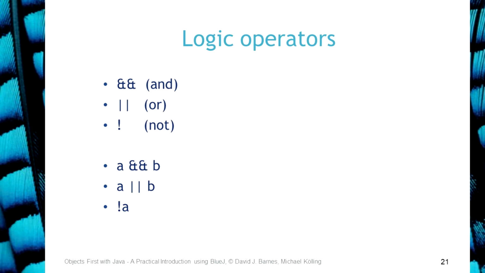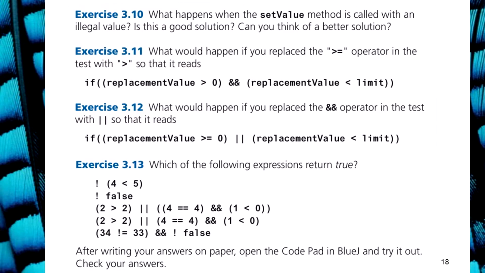The second expression, A or B, is true if either A or B or both of them are true, and false if they are both false. And finally, the third expression, not A, is true if A is false and false if A is true.